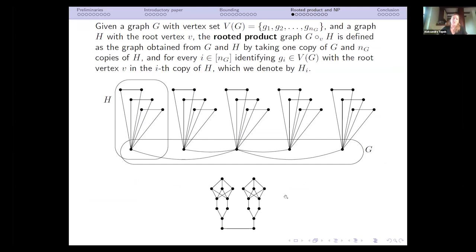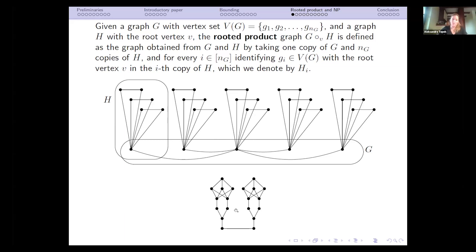Well, the name comes from having a graph H in which we choose a specific vertex, which we call a root. And then we make copies of this graph H, as many as there are vertices in G. And then in each copy, we identify this root with a vertex in G. Yeah, we can see here 2 examples.